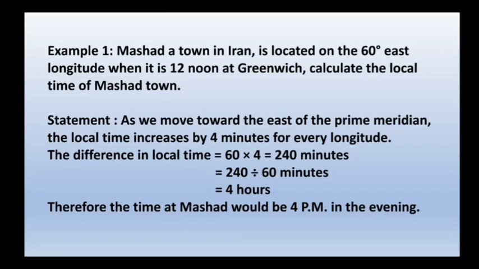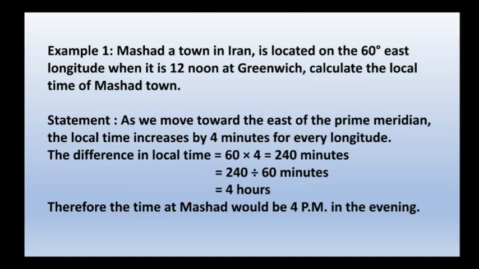The first example is Mashhad, a town in Iran, located on the 60 degree east longitude when it is 12 noon at Greenwich. Calculate the local time of Mashhad town. As we move toward the east of prime meridian, the local time increases by 4 minutes for every longitude.